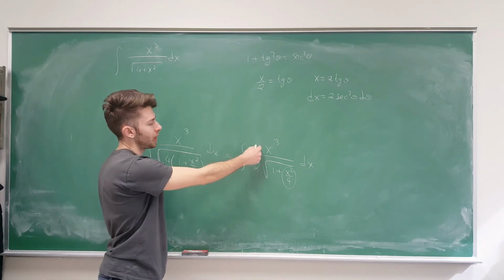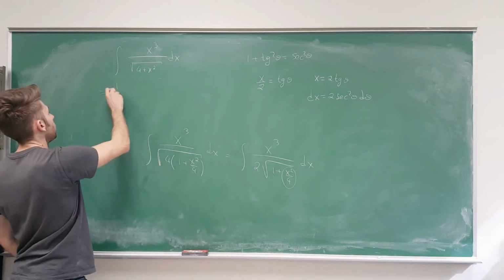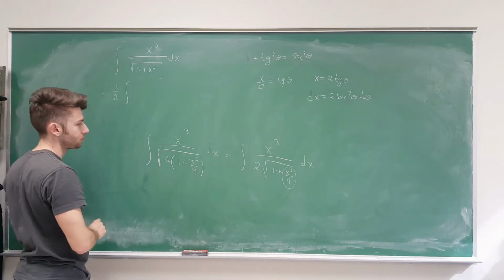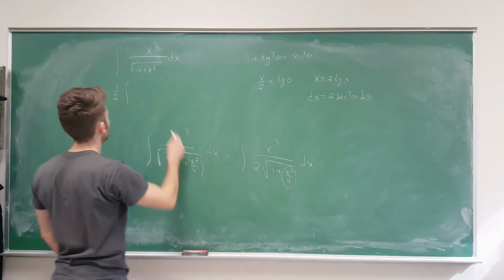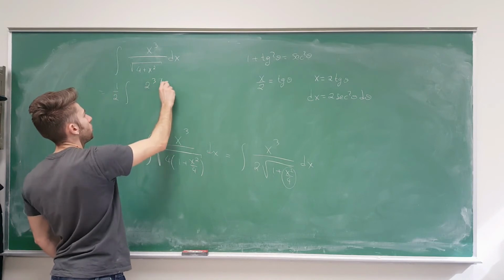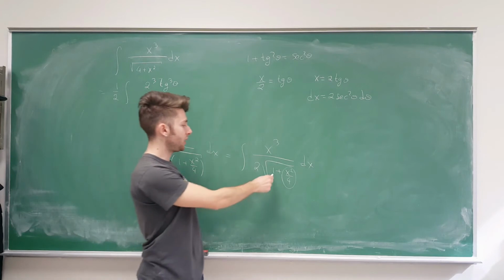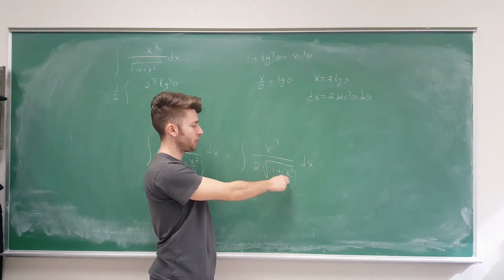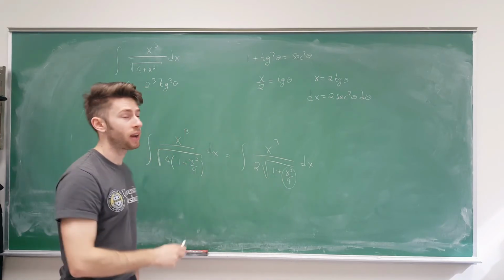So also here I have 1 over 2. I can just take it out of the integral. So 1/2 integral. X cubed becomes 2 tangent theta cubed. So 2 cubed tangent cubed theta. Then here I will have 1 plus tangent squared of theta, which is secant squared. So I'm going to directly write that.